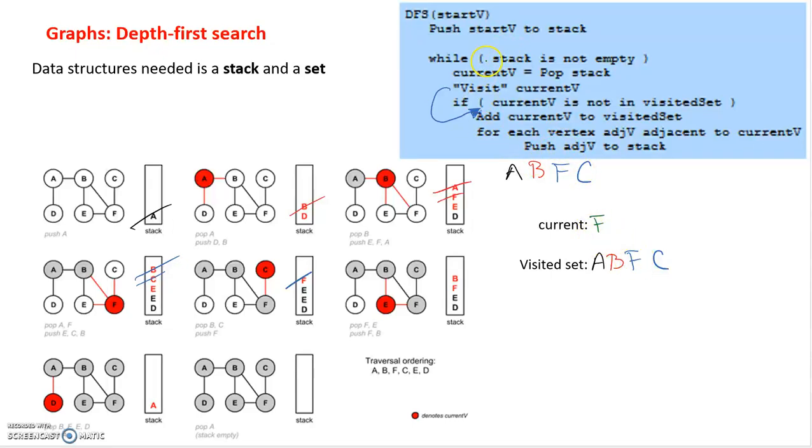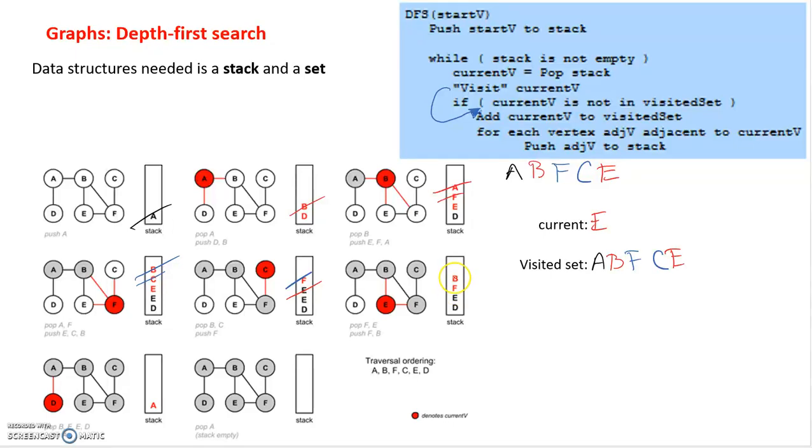You go back to the top of the loop and pop the next element, which in this case will be E. E is not in the visited set, so you visit it. You visit the element, which is right here, and then add it to the visited set, and then add all the vertices adjacent to E on top of the stack, and that would be B and F.